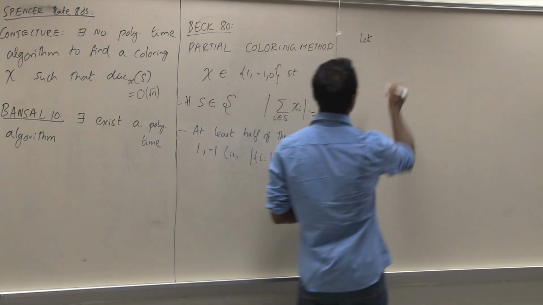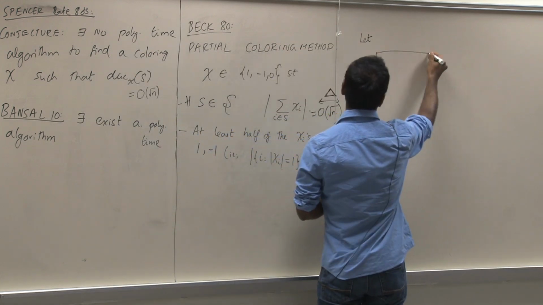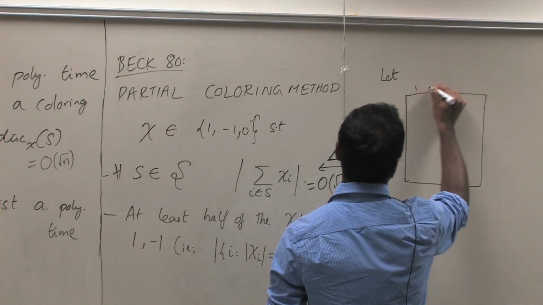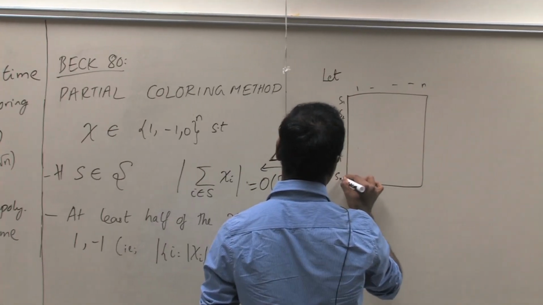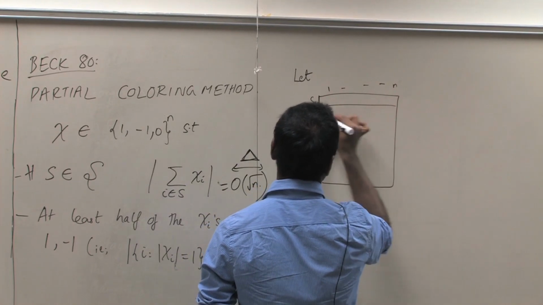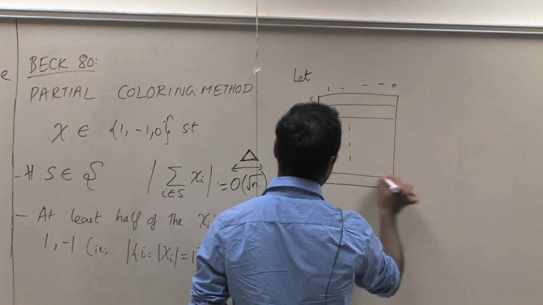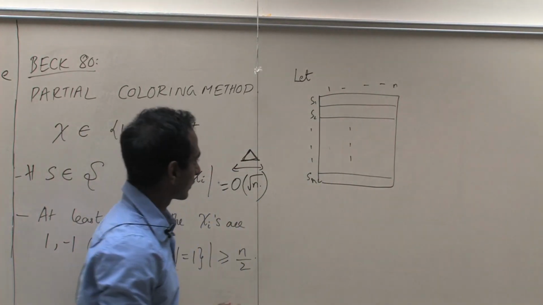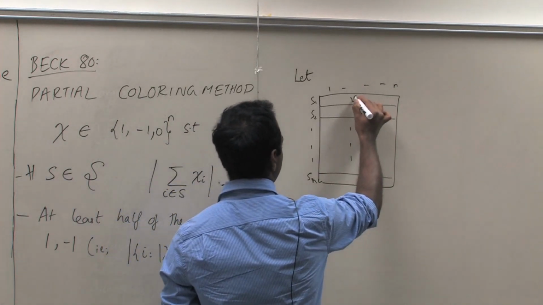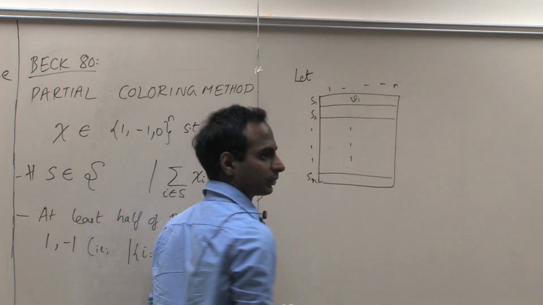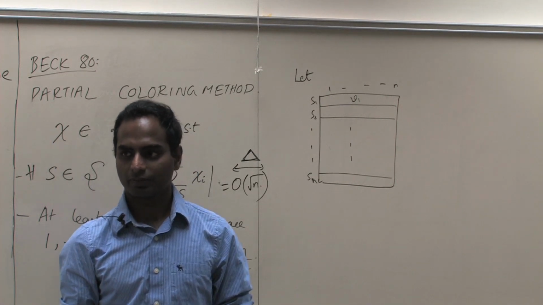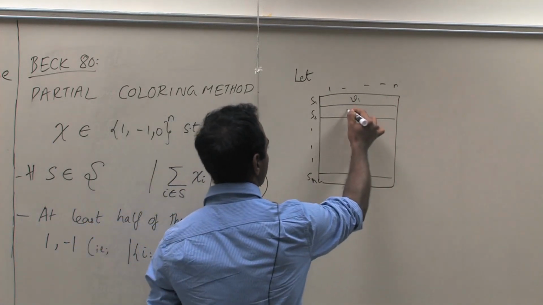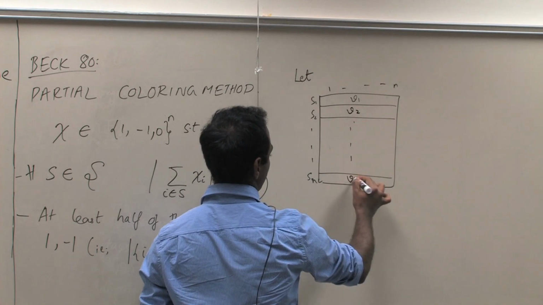And so if you think of the set system, we have 1 through n, S1, S2 up till Sn. So let V1 denote the first row, which is just the indicator vector of the first set. And V2 is the second row up till Vn.